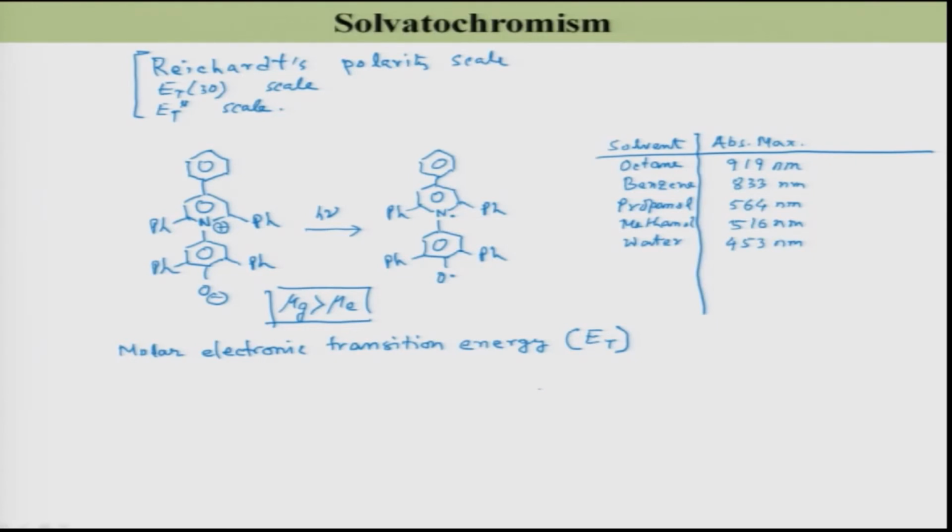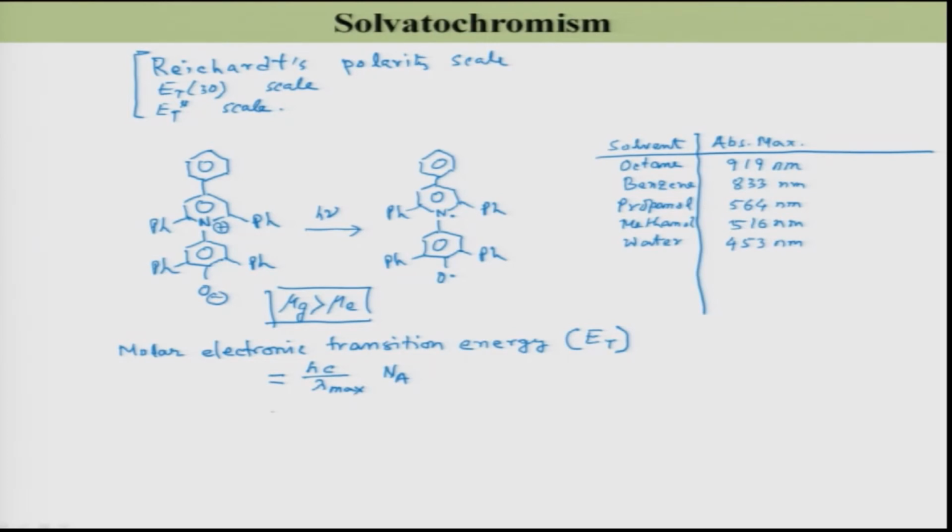Molar electronic transition energy is defined as how much energy is required for this electronic transition for 1 mole of the substance. So, that is nothing but hc by lambda max into Avogadro number, that is, hc divided by lambda max for a particular solvent into Avogadro number, isn't it?